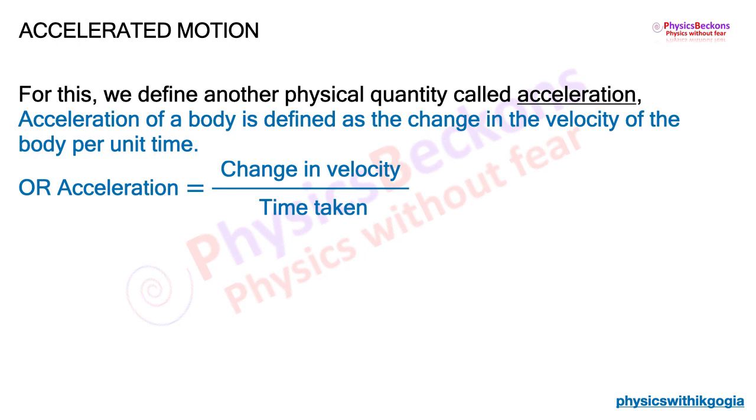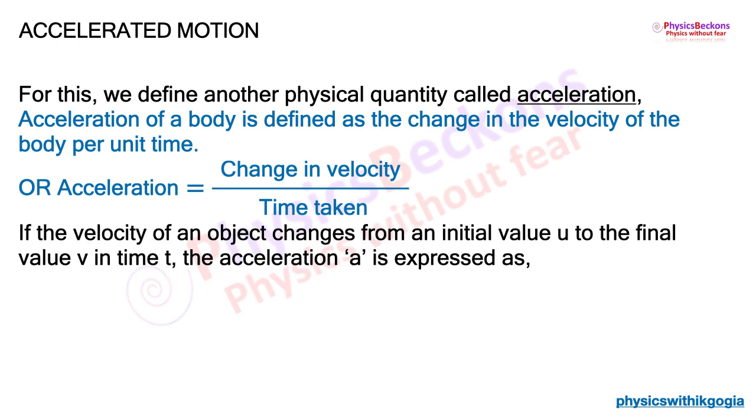Mathematically, acceleration is change in velocity over time. If the velocity of an object changes from an initial value u to a final value v in time t, we express acceleration a as v minus u upon t.